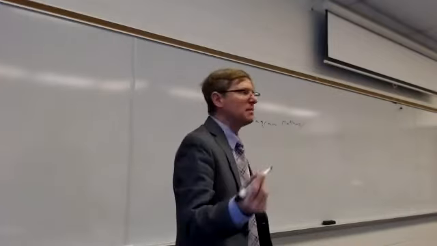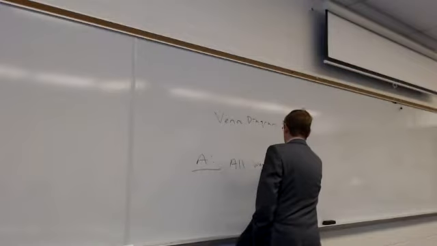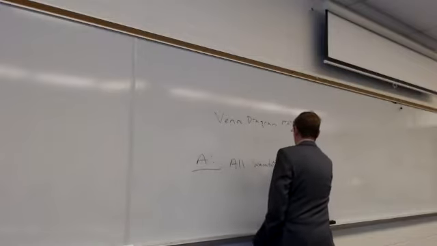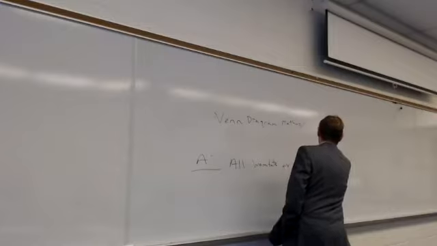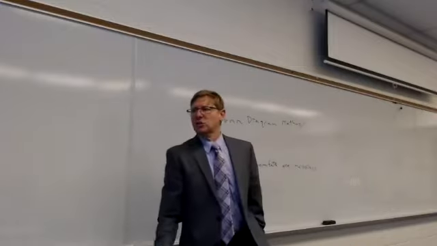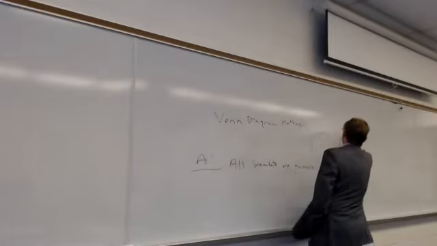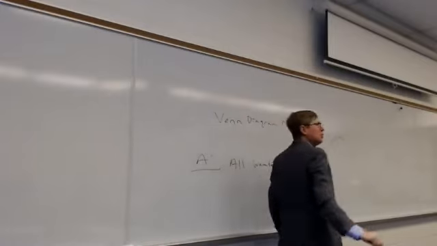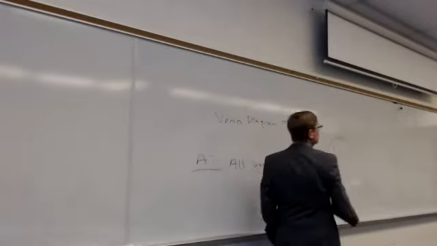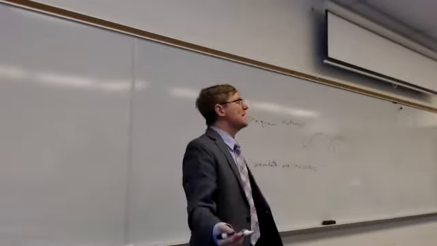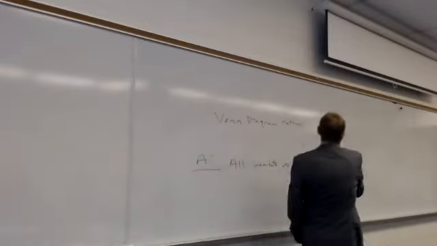An A statement might be, all wombats are marsupials. Now, what I can draw right here to represent it are 2 interlocking circles. This first circle, we'll say, symbolizes the class of all wombats.